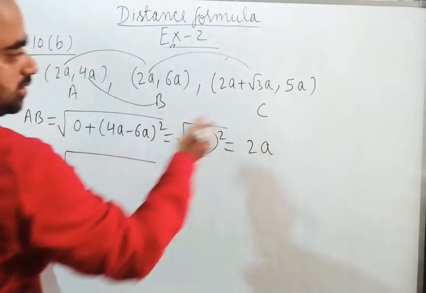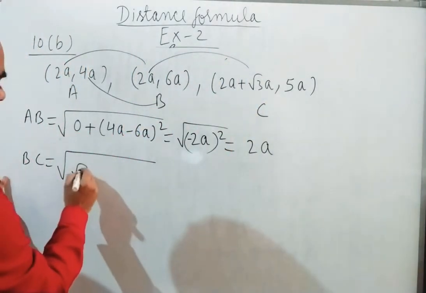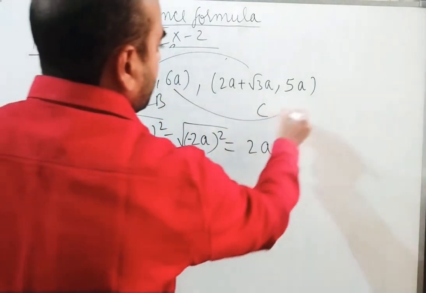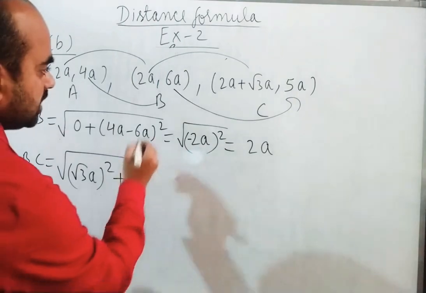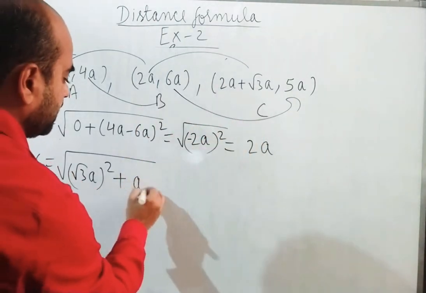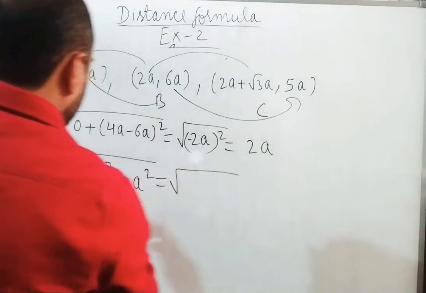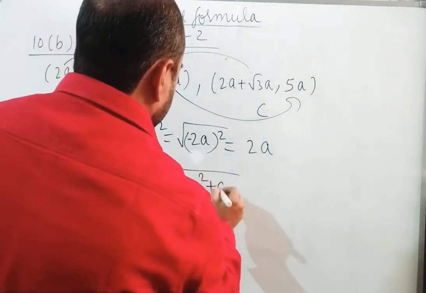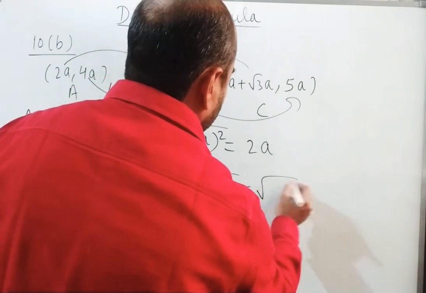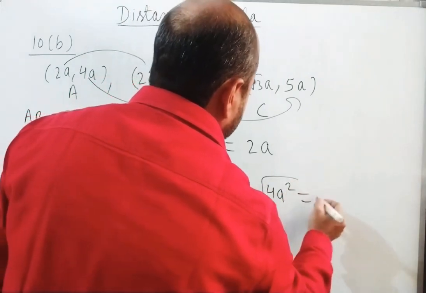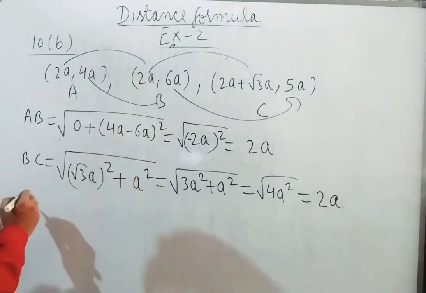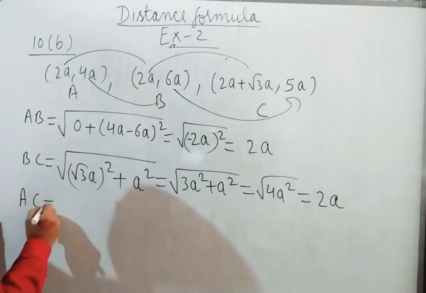So 2a will be cancelled. What is left? Root 3a whole square. Take the difference of y coordinate, in any order, 6a minus 5a. Only one a will come. So this will give root 3a square, that is 3a square. So 3a square plus a square, 4a square. 4a square means again 2a units. Correct?